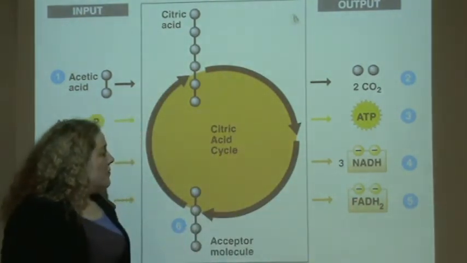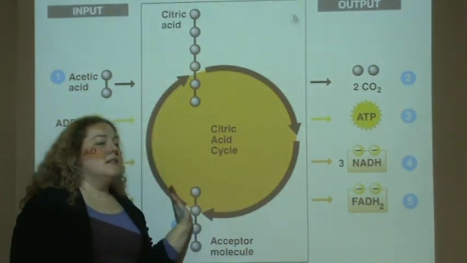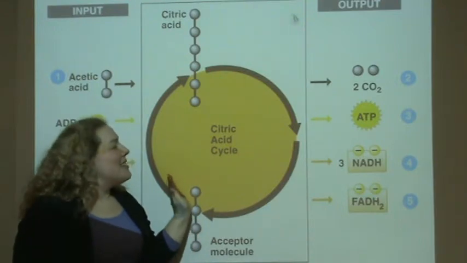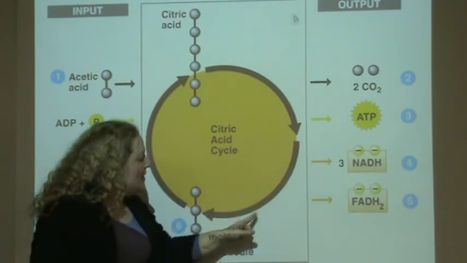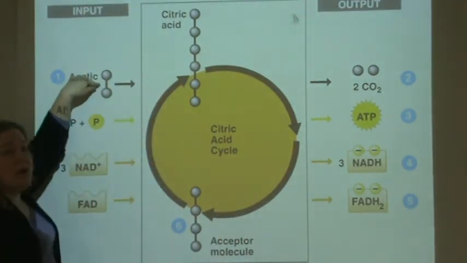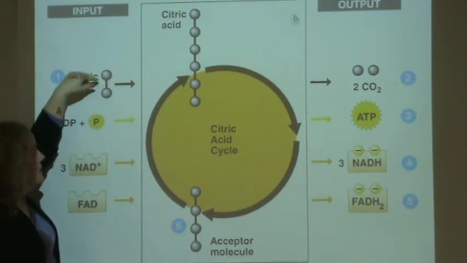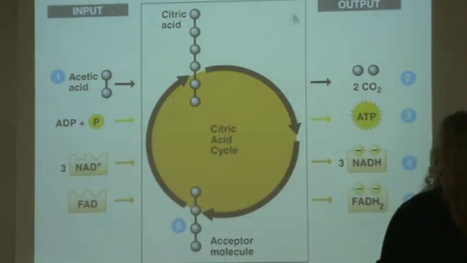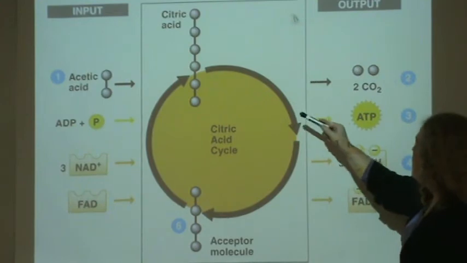So for this class, you don't have to learn the irritating details of the citric acid cycle, but you do need to know that after this cycle has gone around one time, for one acetic acid that came in from glycolysis and the intermediate step, these are the results. So let's focus on the results more than the details of what just happened here.